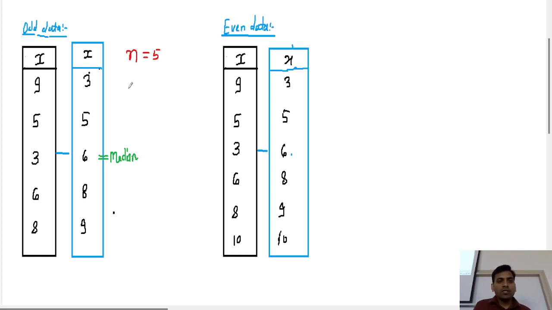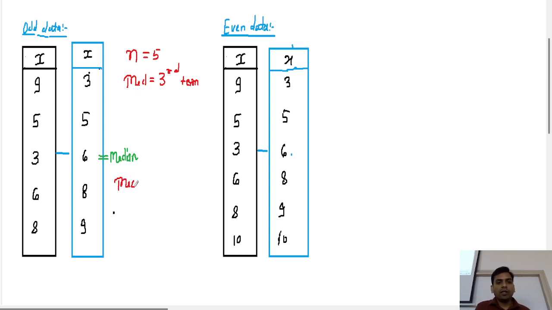So your median is at the third location. From these 5 terms, how do you get the third term? Exactly: 5 plus 1 divided by 2, which gives 3.